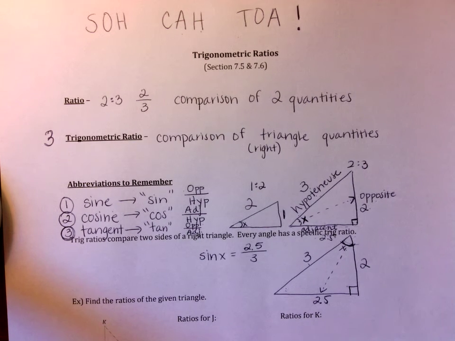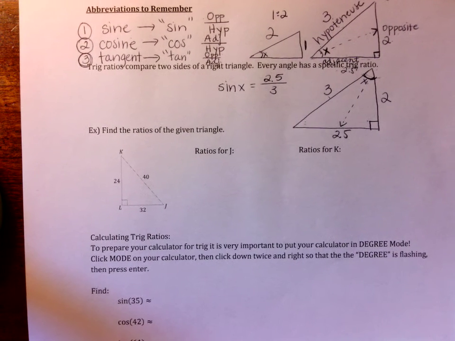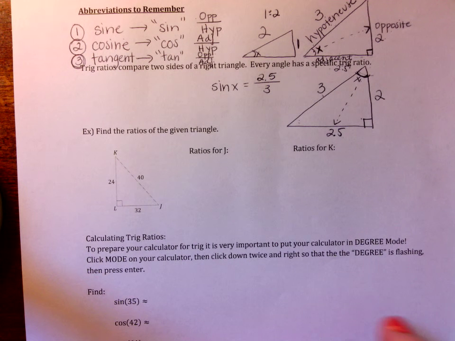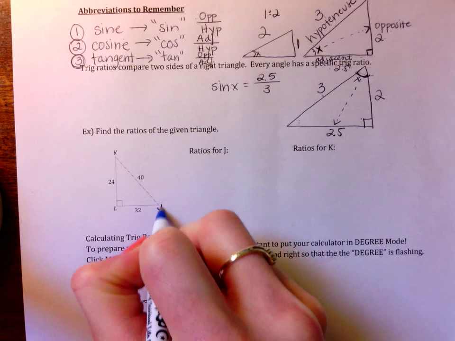All right, so what we're going to do here is practice that with a triangle KLJ. We're going to find all three ratios for two different angles in this triangle. We're going to start with angle J right here.